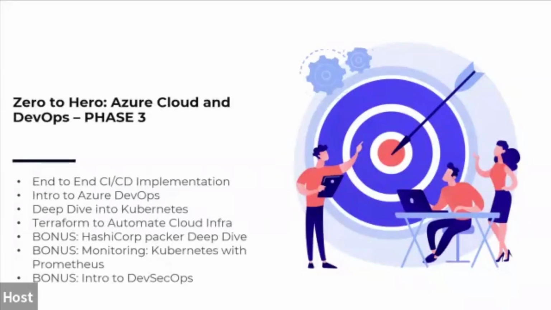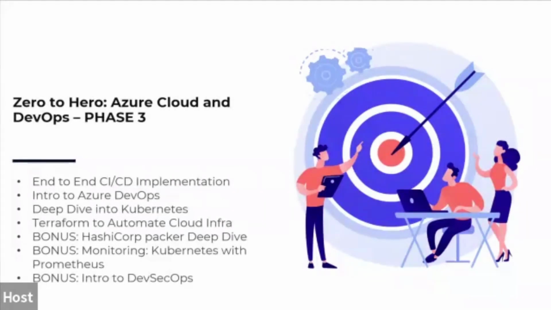After that, we are getting into intro to Kubernetes, where we will be building pods and everything from scratch. And after that, we have introduced infrastructure as code, where we use Terraform to build entire environments.